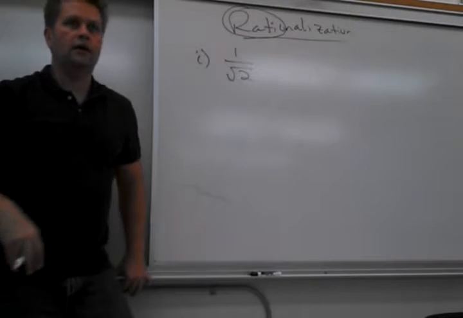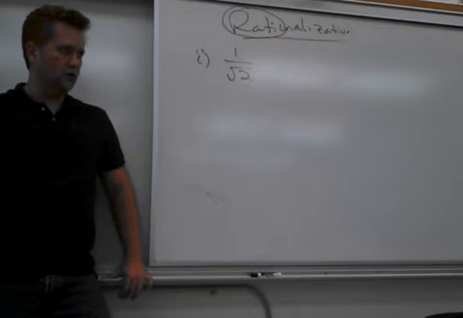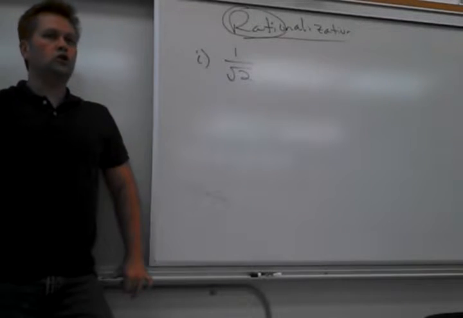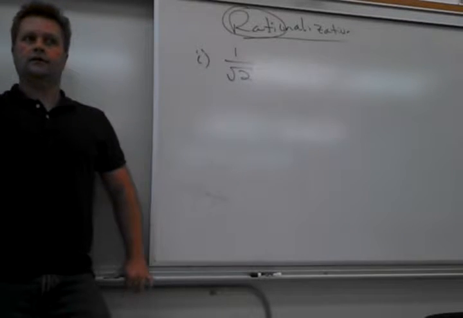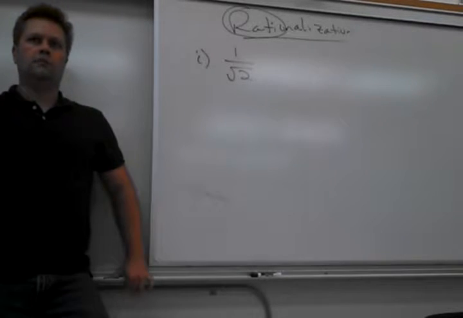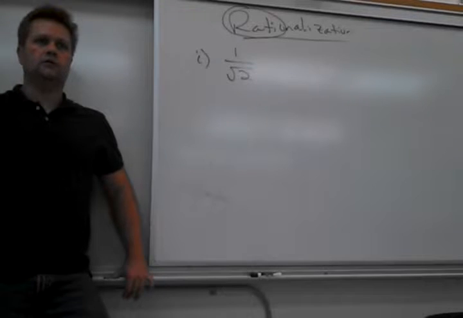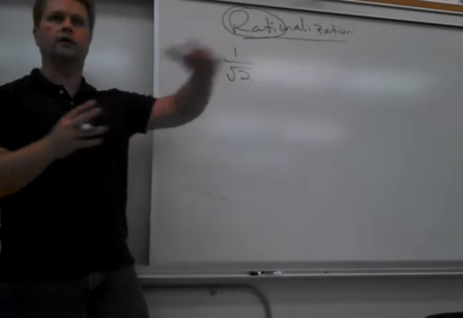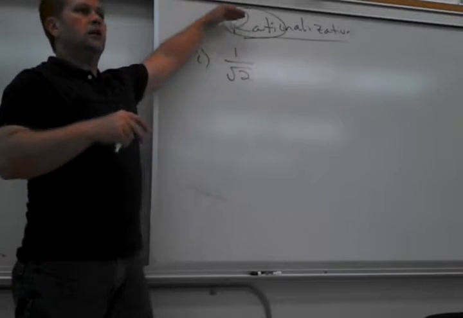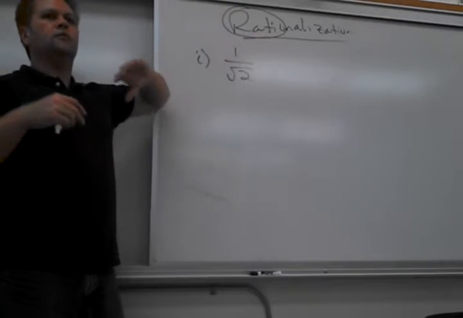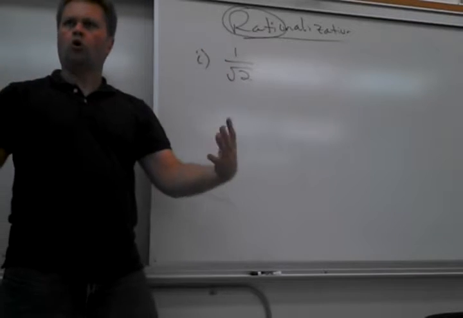So you can write them as a fraction. Square root of 2 is an example of an irrational number. You can't write it as a fraction. You can't make it like 3 over 7. There's no way. It's a decimal that never ends. So rationalization means make the bottom into a rational whole number.